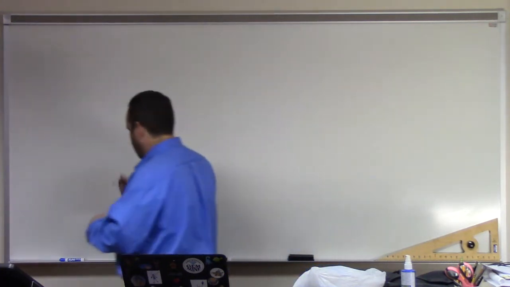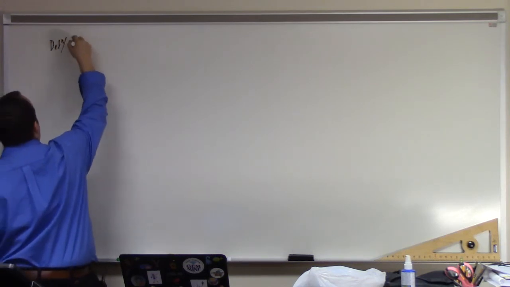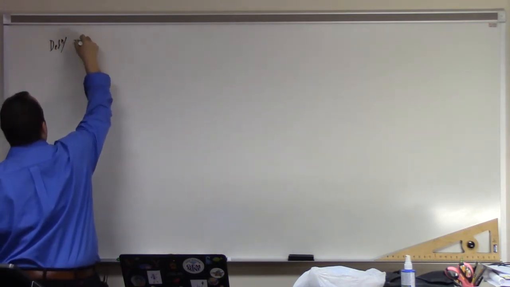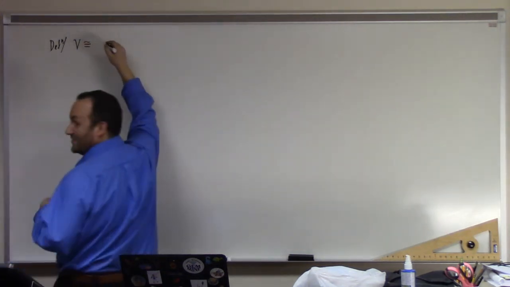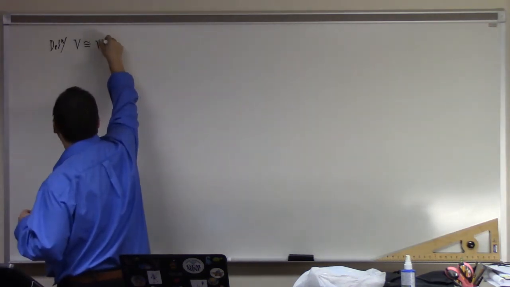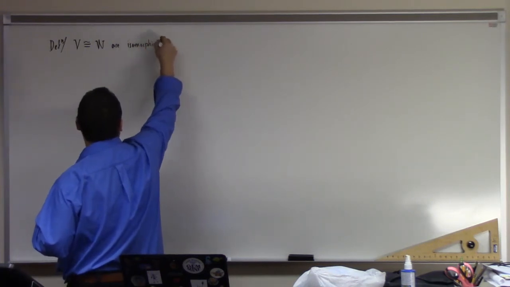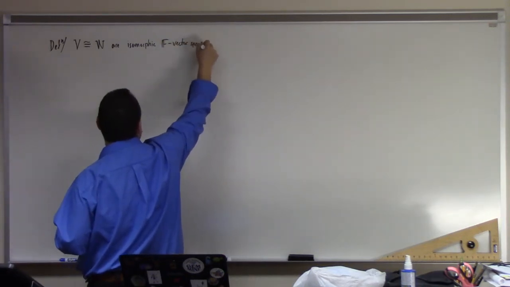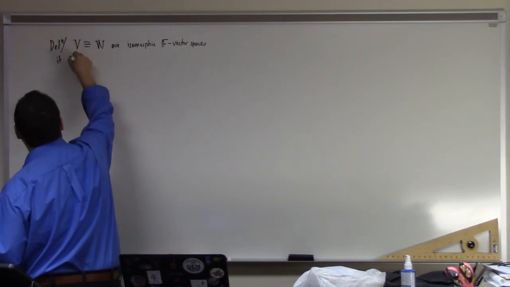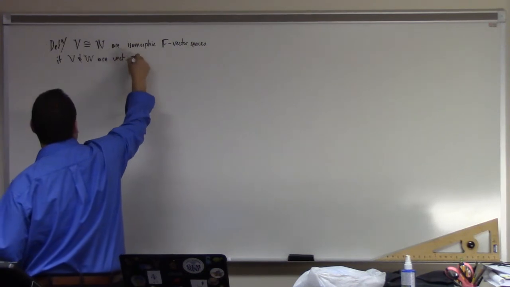Isomorphism? Sure. So let's see here. We say V and W are isomorphic F vector spaces if they're both vector spaces over F, right?